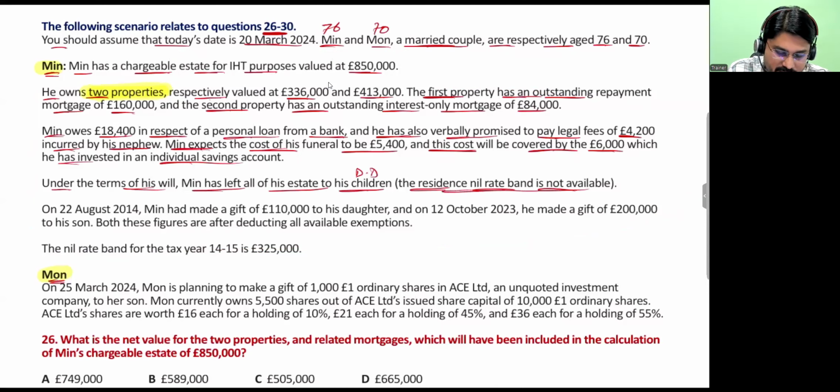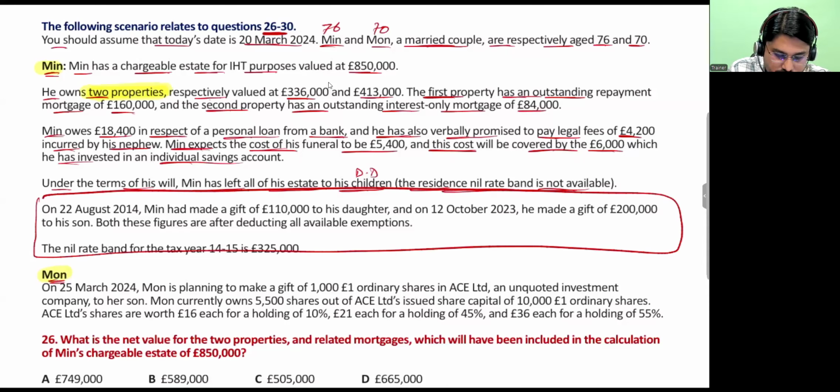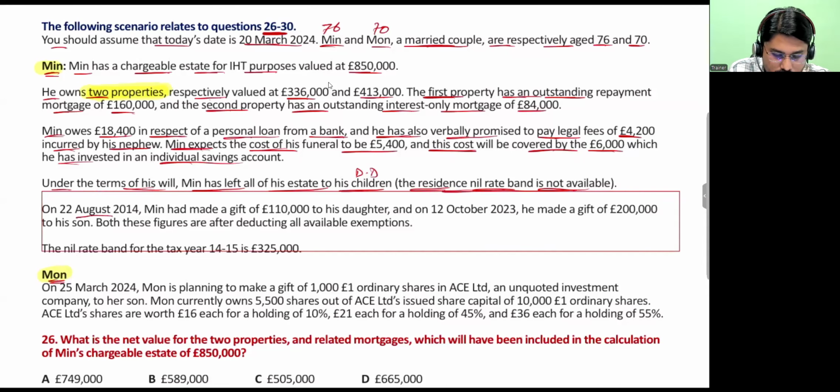And here we have the data about the lifetime transfers of Min. On 22nd August 2014, Min made a gift of 110,000 to his daughter, and on 12th October 23, he made a gift of 200,000 to his son. Both lifetime transfers are potentially exempt transfers.